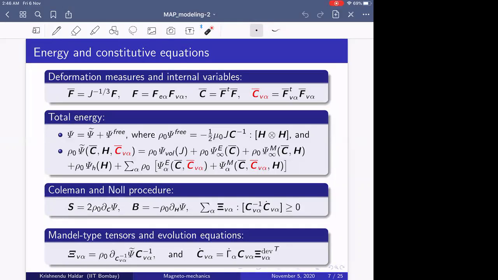So for the polymer, we are assuming this is compressible. So you first decompose your deformation gradient into a volumetric part and an isochoric part. Everything with a bar is related to this isochoric part. So if you take the determinant of F bar, you will get 1. And now, in the finite viscoelastic setup, you are decomposing your F into an elastic part and a viscoelastic part.